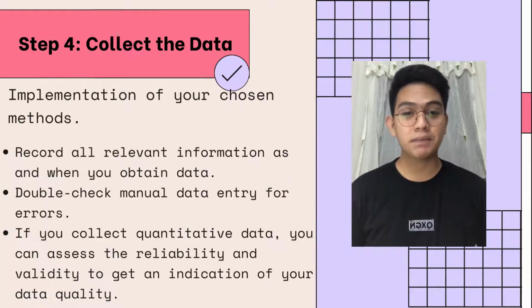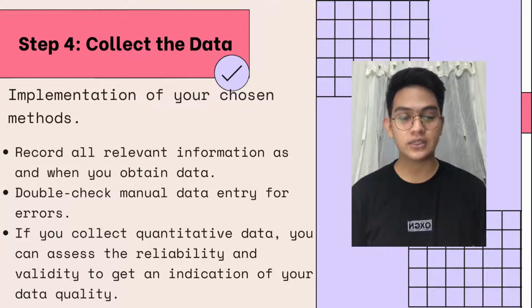Since we are done with step number 3, let's proceed to step number 4, which is the data collection. So finally, you can implement your chosen methods in order to measure and observe the variables that you are interested in. In order to ensure that high quality data is recorded in a systematic way, here are some of the best practices.